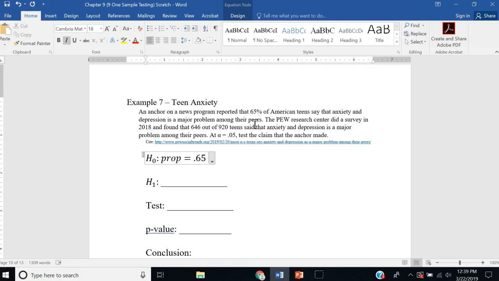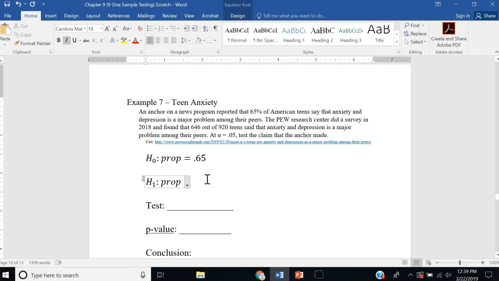That won't take on the calculator. By the way, if you're wondering why I'm using PROP rather than just the letter P, well, because we have a p-value down here, so I don't want to get the p-value confused with the proportion that I'm testing in my problem.